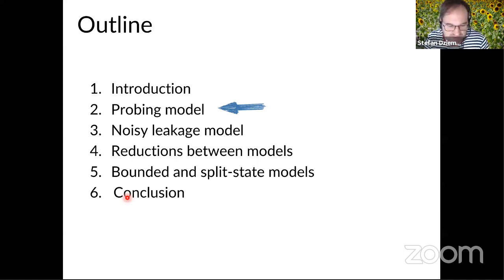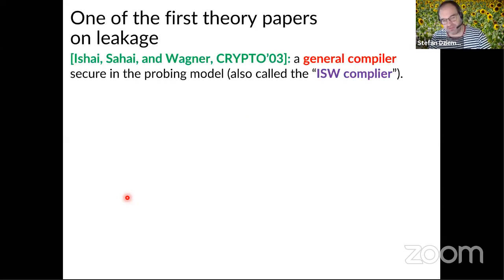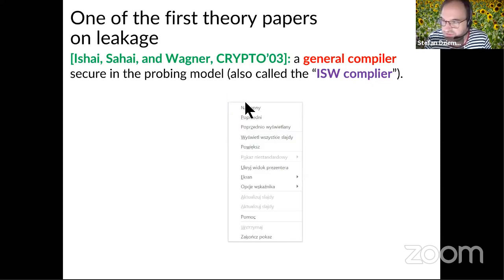Okay, so the probing model. This was formalized in probably one of the first theory papers on leakage, the paper that I already mentioned, Ishai, Sahai, and Wagner, Crypto 2003. And what they construct there is a general compiler. So it's a general construction, not specific to any concrete cryptographic scheme, but a general construction that is secure in the probing model that they introduce there.